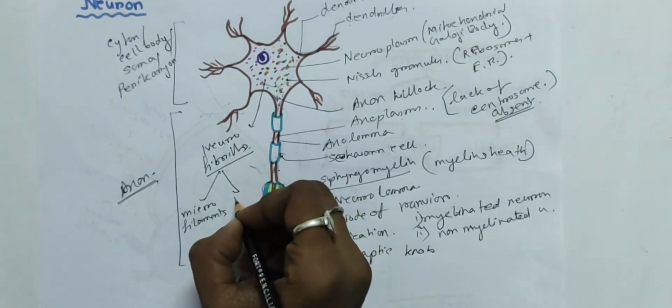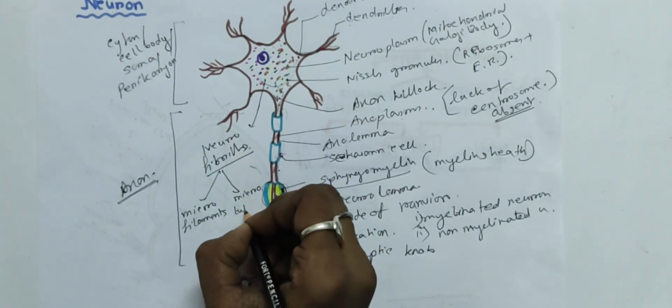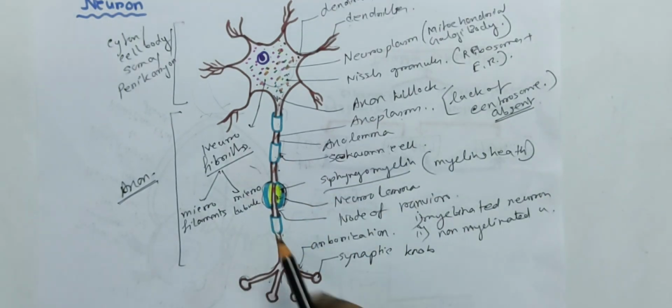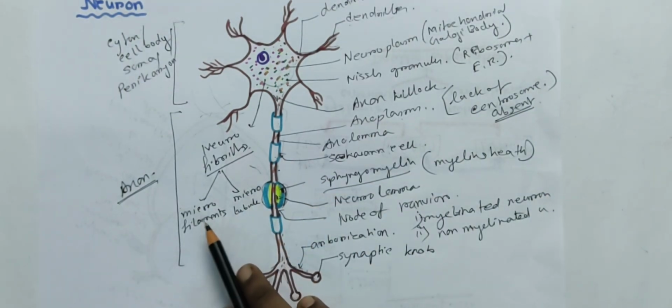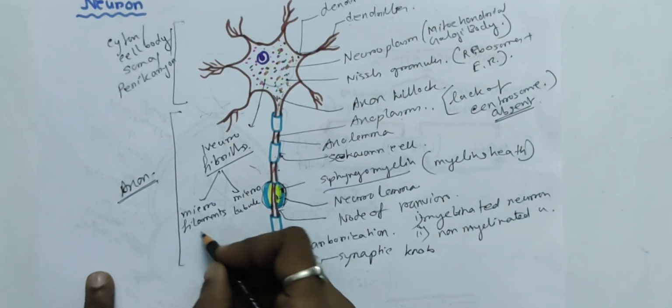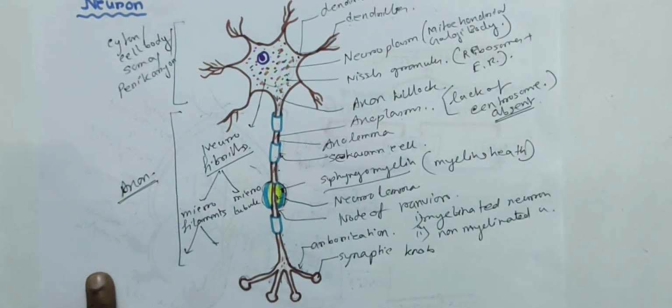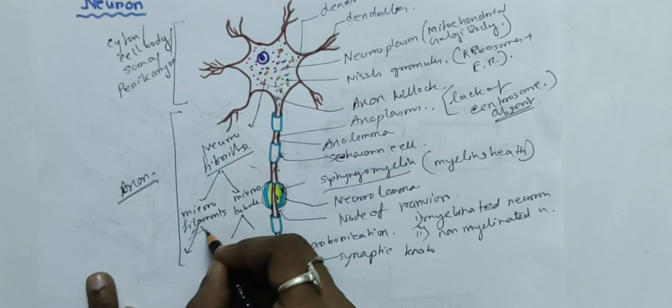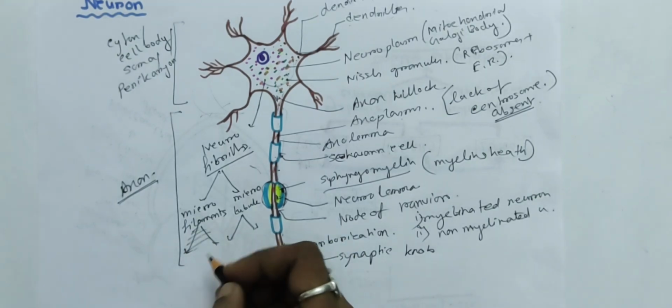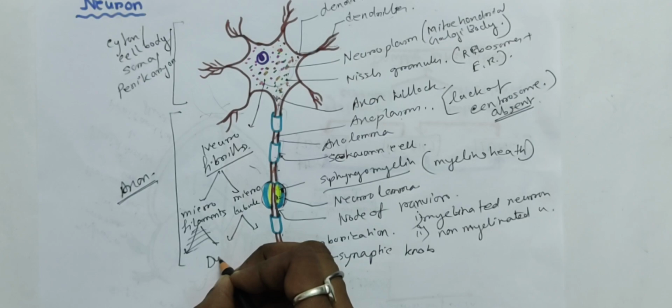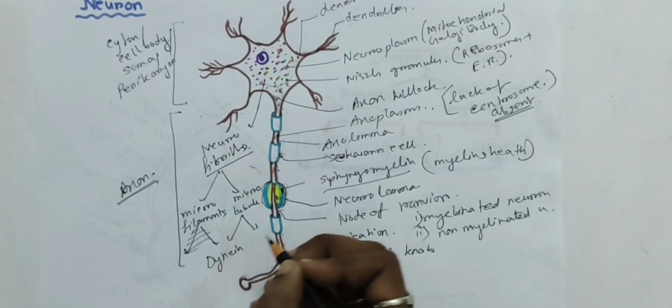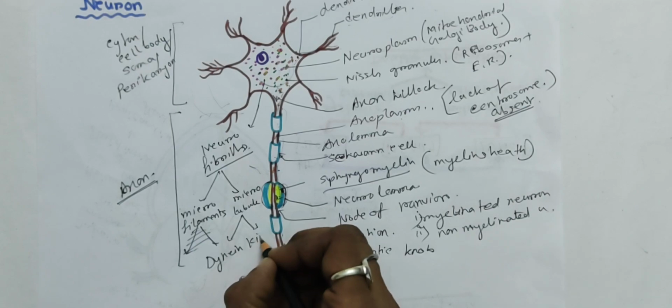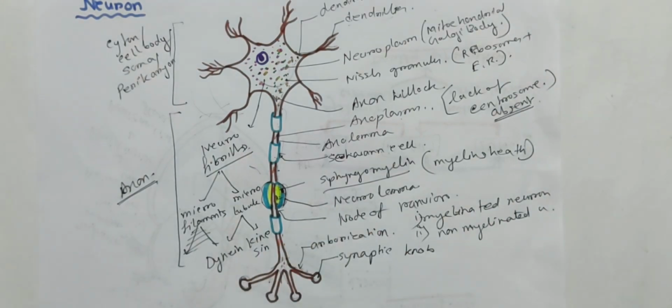Microtubules are actually made up of two types of protein, that is dynein and kinesin. What is the function of these proteins?